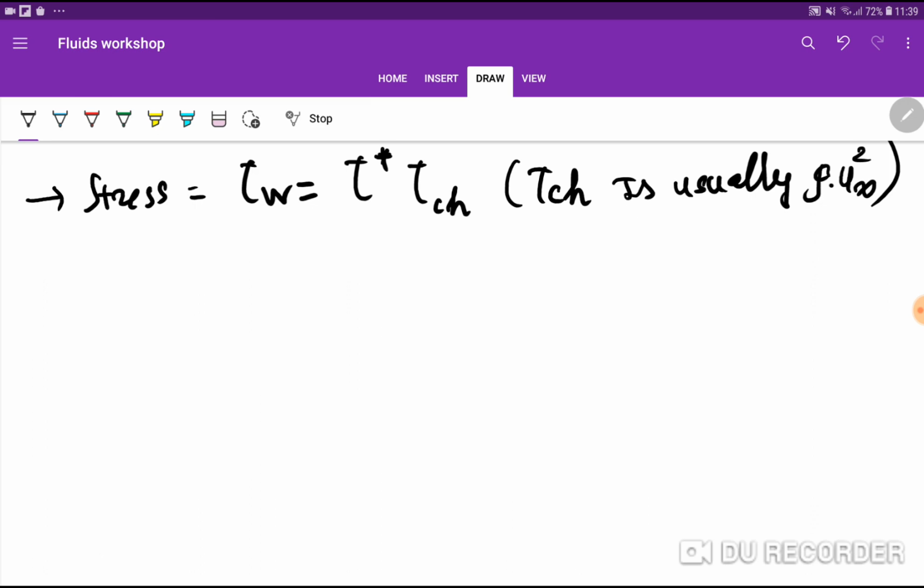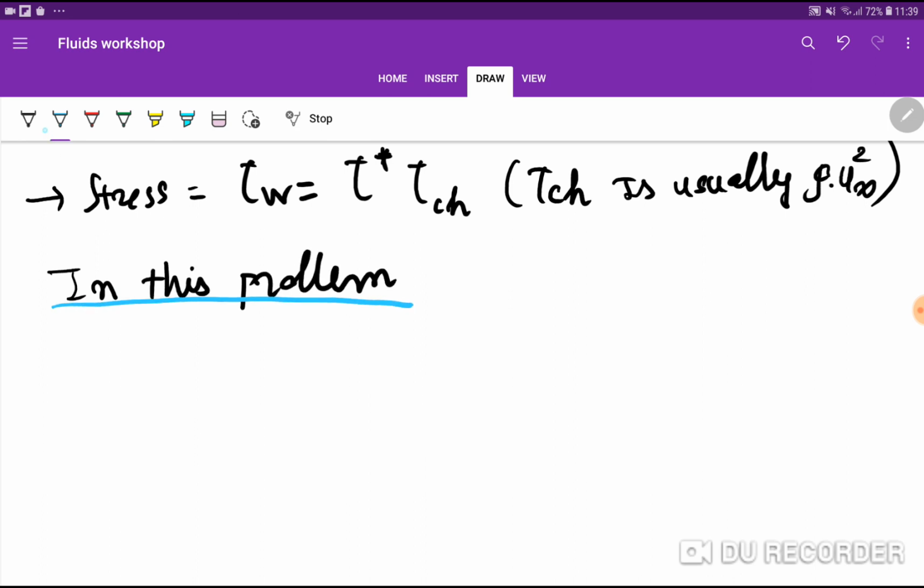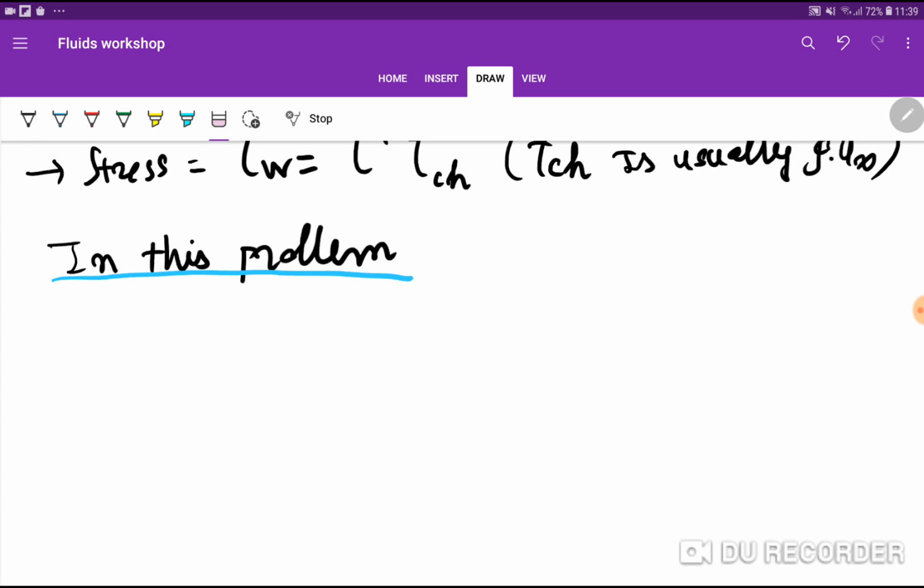But how about this problem? So in this problem, we have two actually. First is our velocity u, which is u star times UCH.